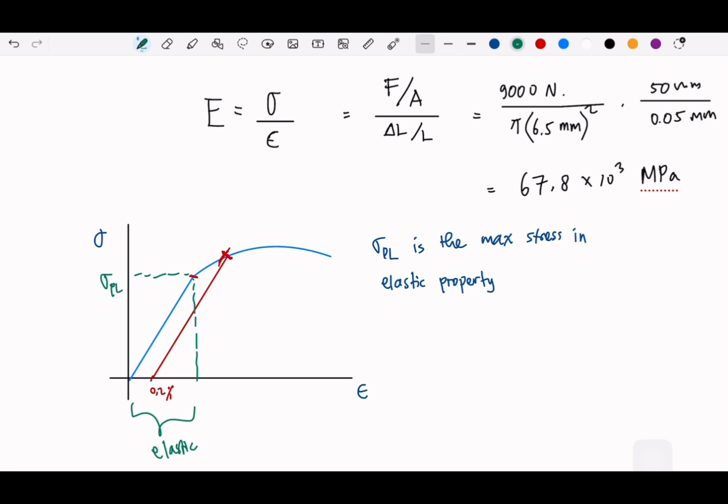And the red line is the offset method. Okay, this is we call the offset method. We take the line proportional to the linear property. Usually the offset method to predict the sigma yield stress, or let me just write sigma yield like that.